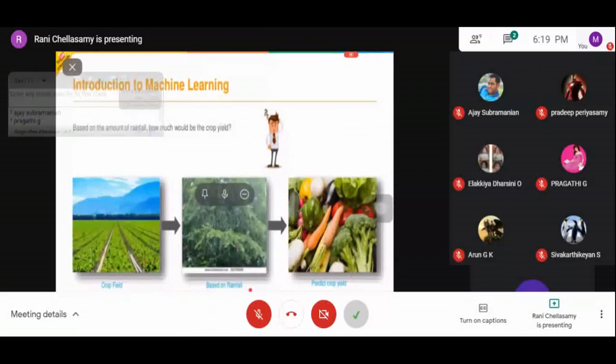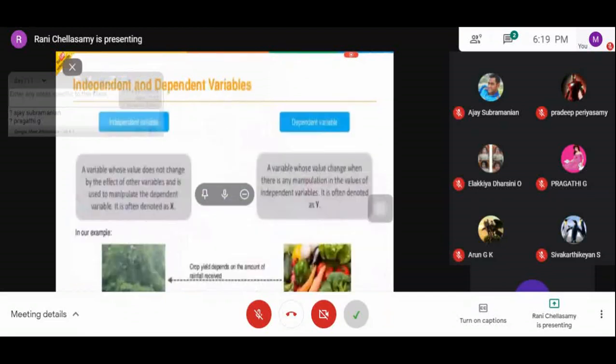Okay, so this rainfall is going to be called the independent variable. Fine. See here, the variables are classified as independent variable and dependent variable. So independent variable means a variable whose value does not change.